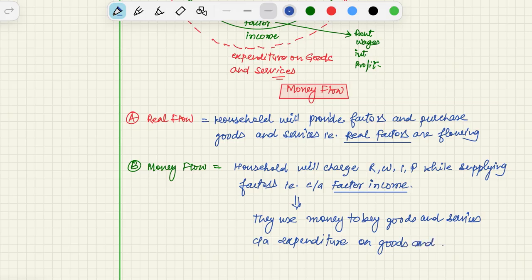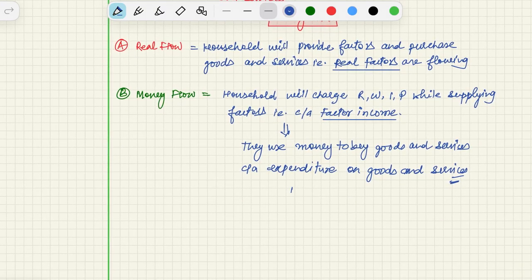So here again, whatever income is being generated is being spent. So income and expenditure would be equal over here, right?